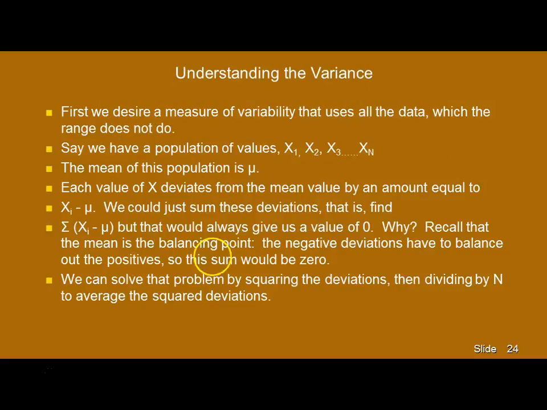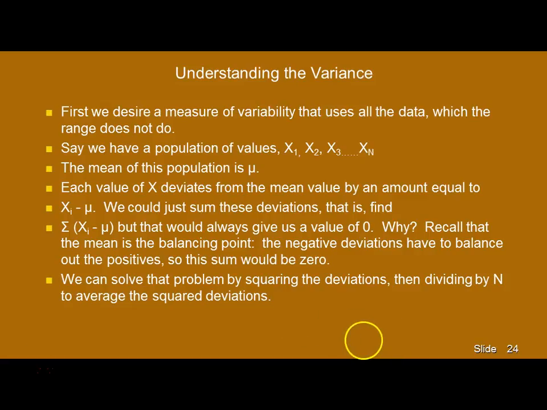Let's explain the logic first to a variance, why we're doing this. First, as we've already talked about, we want to measure a variability that uses all the numbers, all the data, which the range did not do. So suppose we have a population of numbers, a population of values x1 through capital N. Mu represents the mean of that data. If we want to measure variability, we could ask the question, variability relative to what?